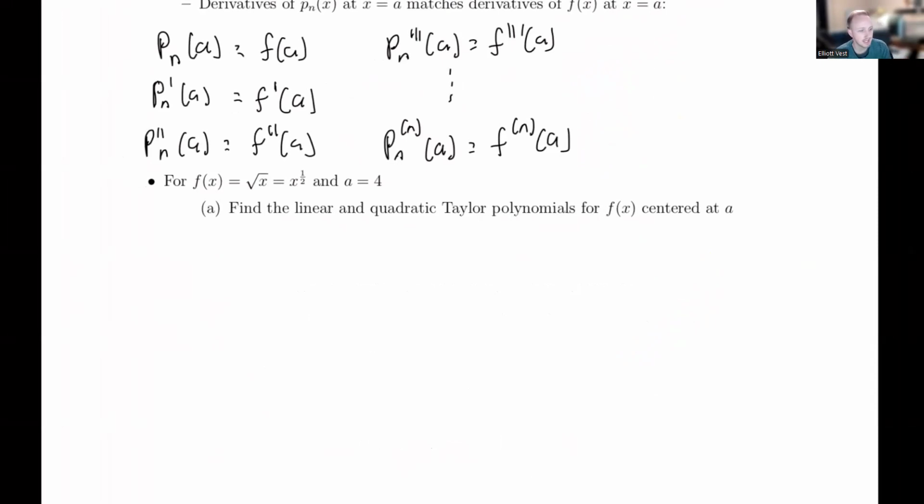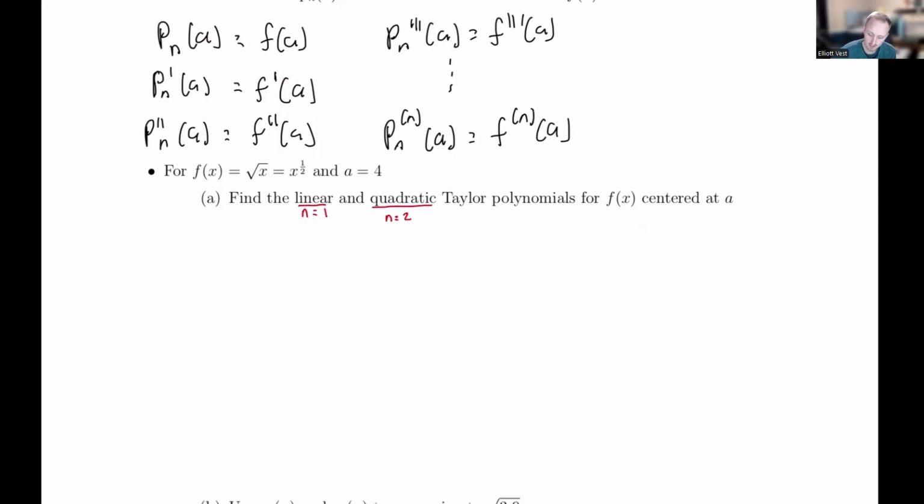Linear is like linear approximation, so that's when n is equal to 1. Quadratic is the next step, so n equals 2. So we need to find P1 of x and P2 of x.